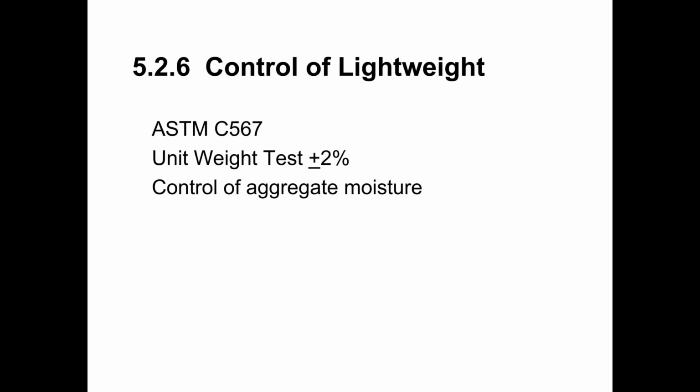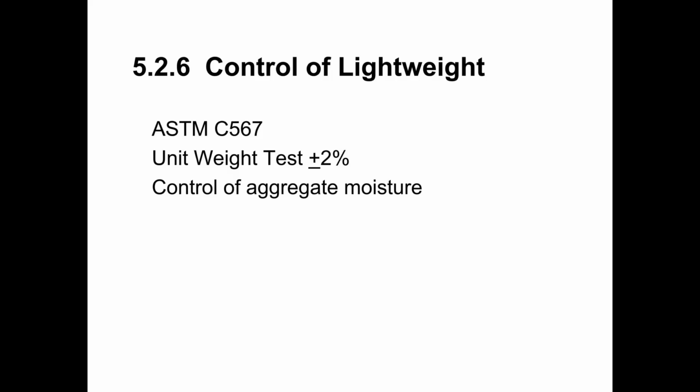As far as controlling the aggregate moisture, we've already talked a little bit about storage methods for lightweight aggregate. So we keep coming back to this issue of variation in moisture in the lightweight aggregate, because really all of the issues that surround using lightweight concrete generally are derived from controlling the aggregate moisture or accurately accounting for the aggregate moisture.